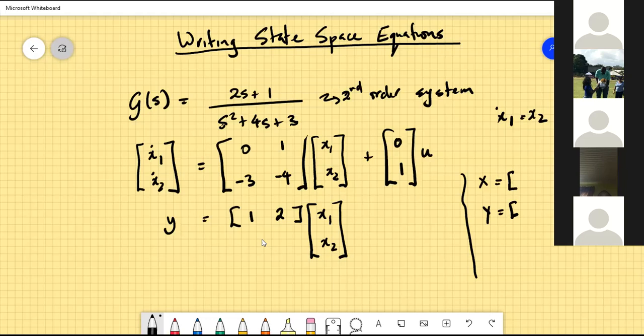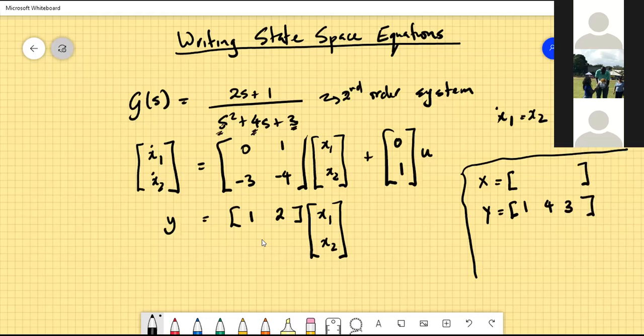if we are using MATLAB, what we are going to ask you to do is to enter the coefficients of the polynomials. The coefficients of the denominator are 1, 4, and 3, and the coefficients of the numerator are 0, 2, and 1.